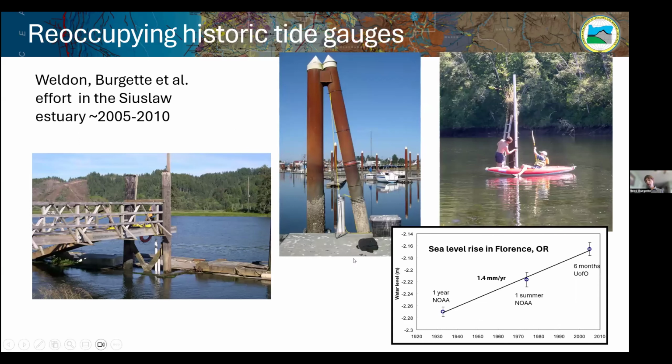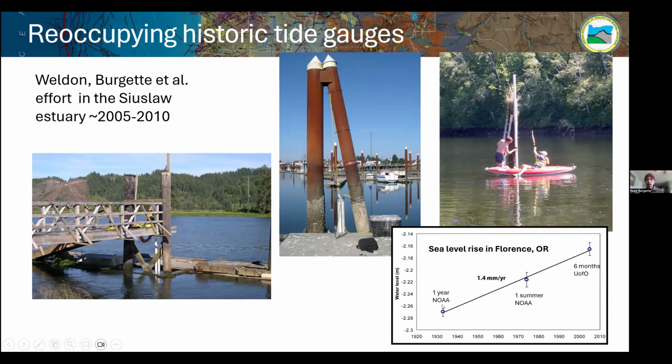Another example, there are many more sites where NOAA collected campaign style tide gauge data to densify their understanding of the tides over the region.